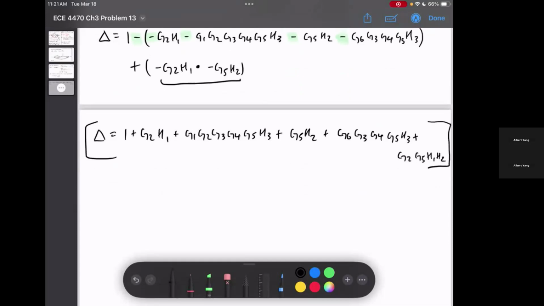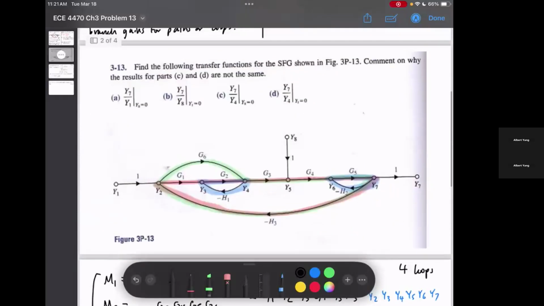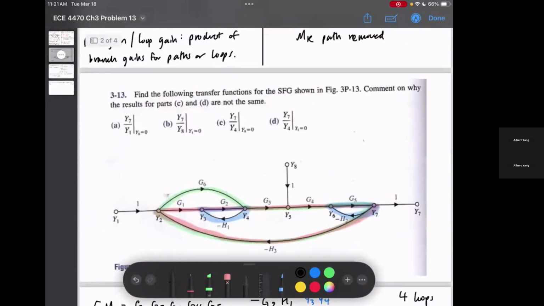And then let's check part A. They asked for y7 over y1 when y8 is 0.